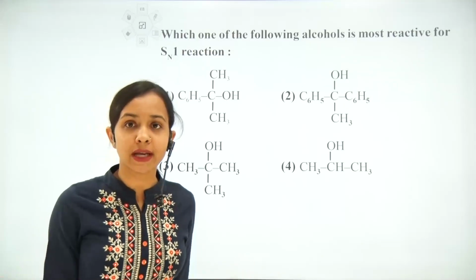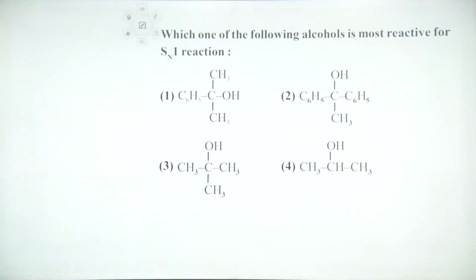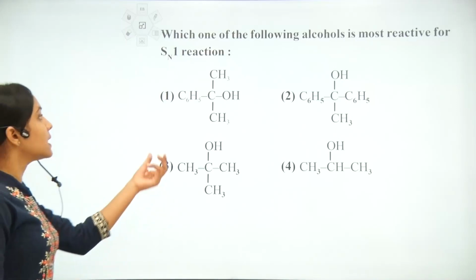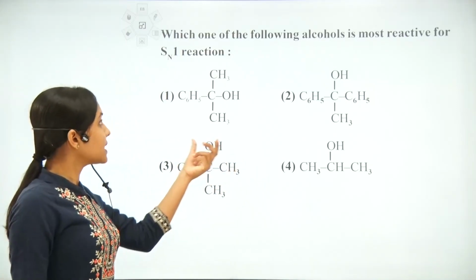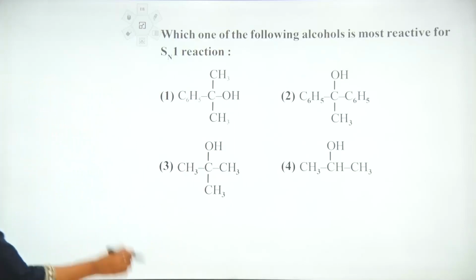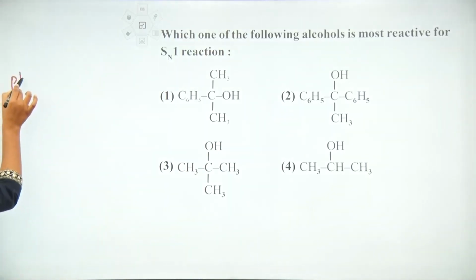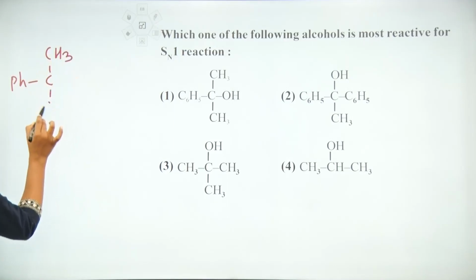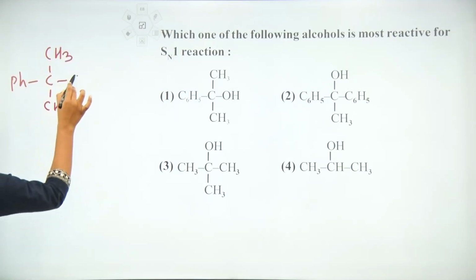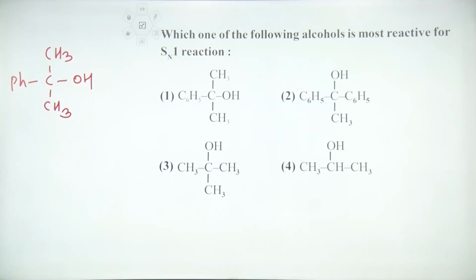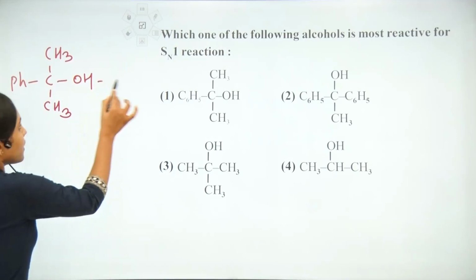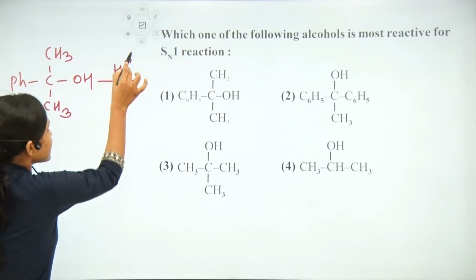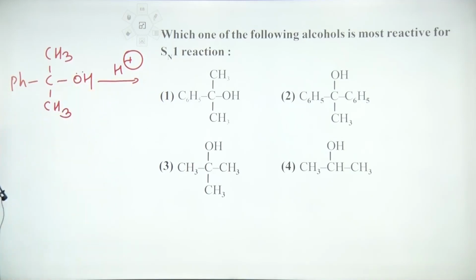So here in the first reactant, when this first reactant undergoes the SN1 reaction, first of all here we have Ph, C, CH3, CH3 and OH, right? In the first step of the reaction, here we have an H+ acidic medium, and this OH is not a good leaving group.